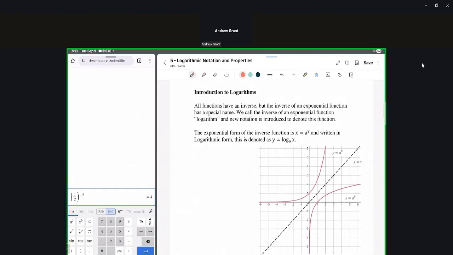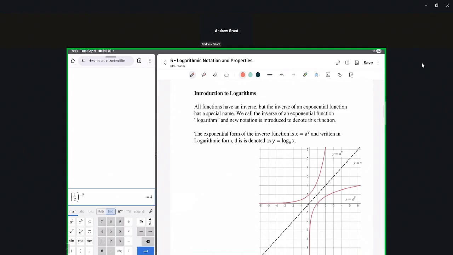So in general, when we talk about an introduction to logarithms, all functions have an inverse, but the inverse of an exponential function has a special name. We call the inverse of an exponential function a logarithm, and new notation is introduced to denote this function.